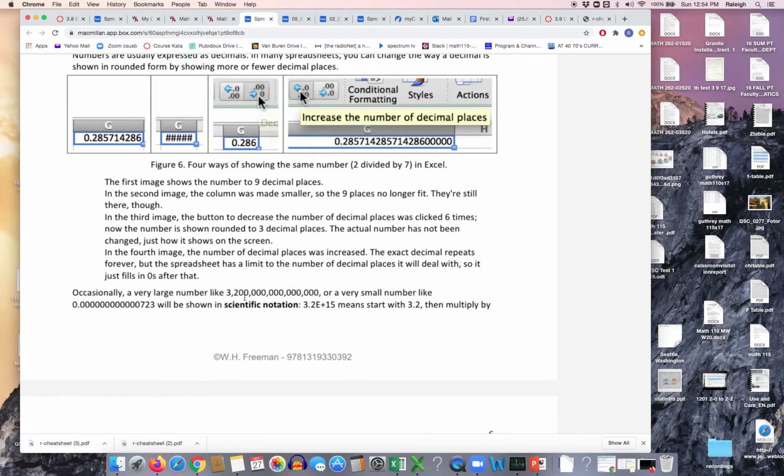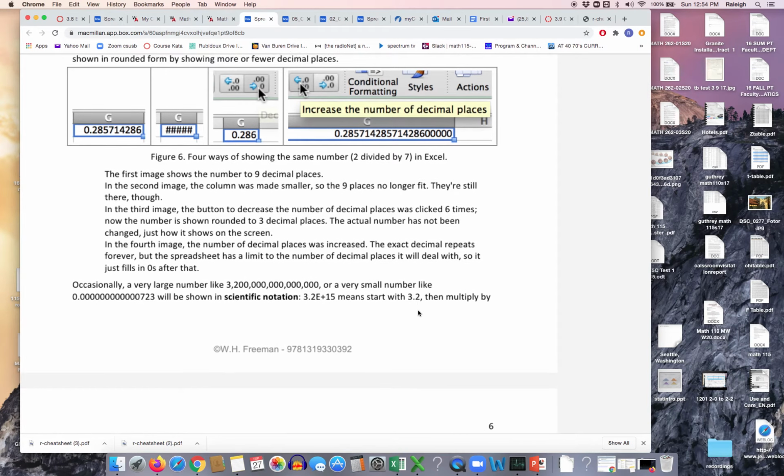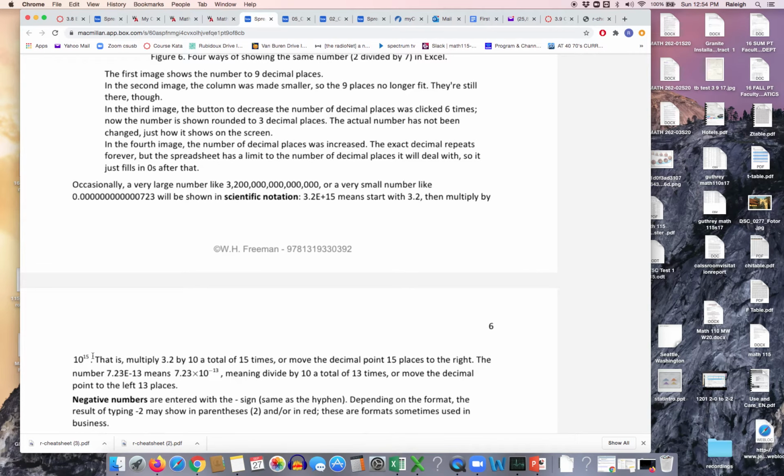Of course, it'll go into scientific notation for very large numbers, such as 3.2 e plus 15. That means start with 3.2, then multiply by 10 to the 15th power. That is a huge number. 10 to the 9th is a billion. 10 to the 12th is a trillion. I believe this is a quadrillion, but that's neither here nor there.